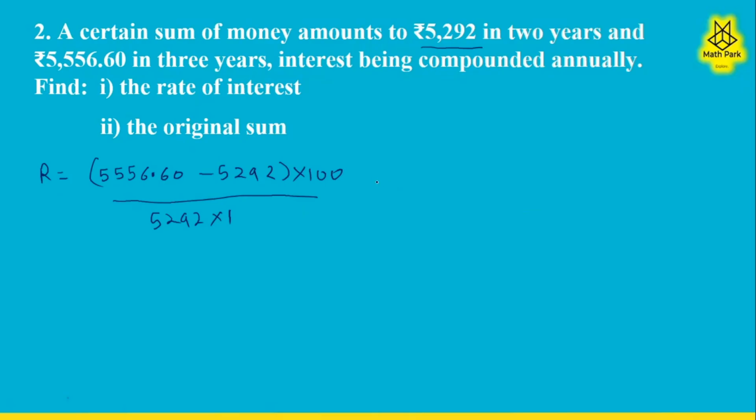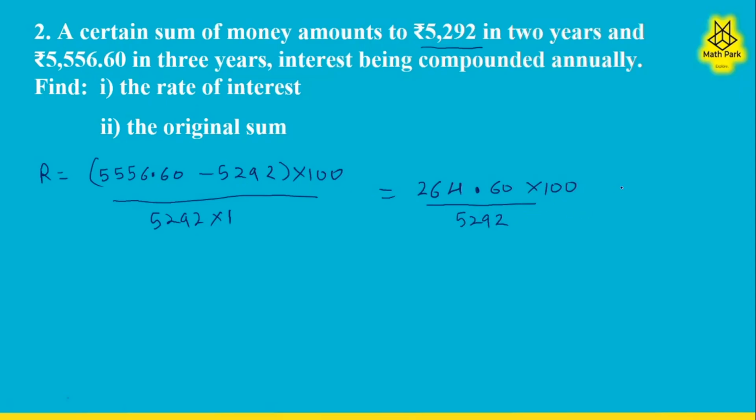Let us simplify this. The difference is 6 minus 2 is 4, 15 minus 9 is 6, carry 1, 5 minus 3 is 2, and 5 minus 5 is 0. So 264.60 times 100 upon 5,292.